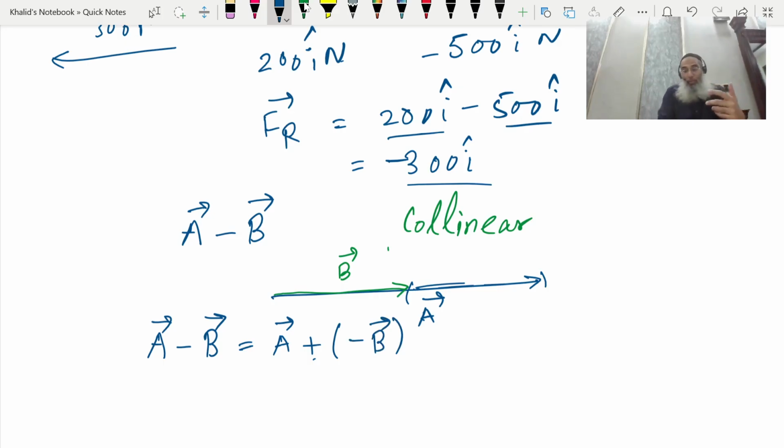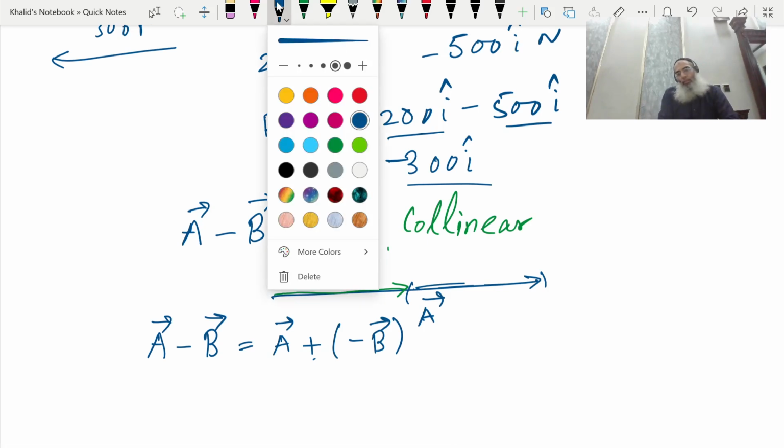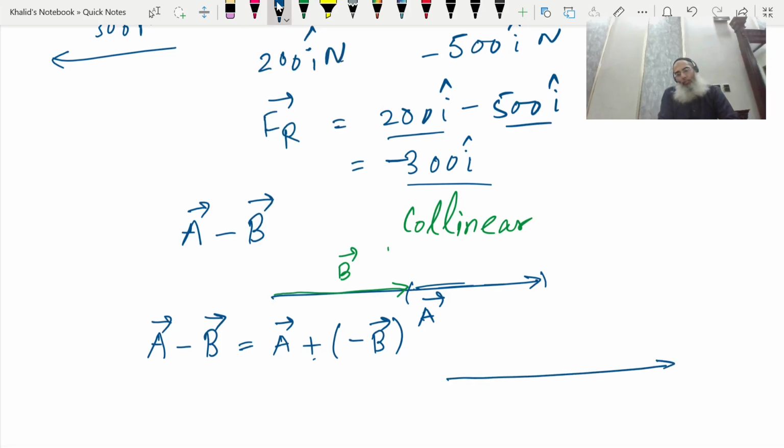It's another way of seeing this problem. Say larger vector A and the negative of B. Negative of B will be this one: same length, same direction, opposite sense. If I draw it from here, it goes up to here.